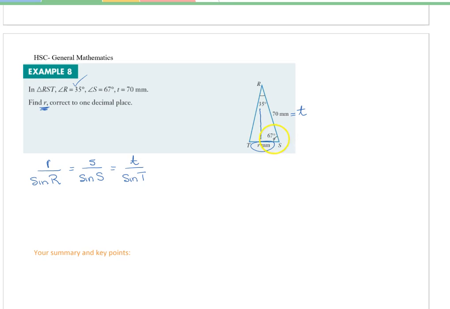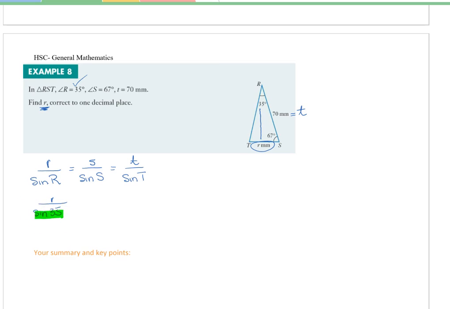Do you note that we don't know anything about side s? We've got side t, but we don't know anything about angle T. There is no reason why the sine rule couldn't be written in terms of r and s and t, so you can see that I've written that there. Let's have a look. r, no, we don't know r. Sine of R, yes, that would be sine 35. That's a number. Let me just highlight that because that's a number.